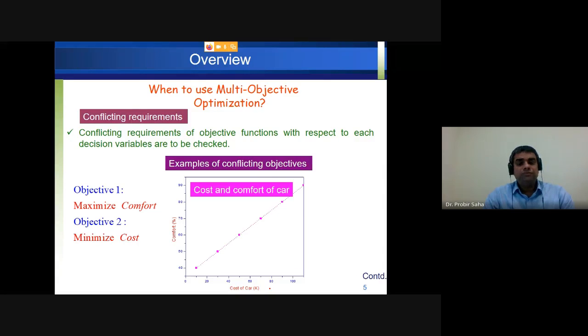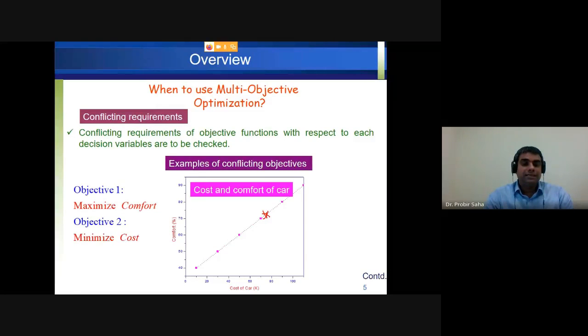Now, again, you have to be very careful. The design engineers, even the process engineers in car manufacturing, must be very confident about their optimal design, that if somebody spends 80,000 rupees, I must give this much comfort, and that is the best comfort I can provide.